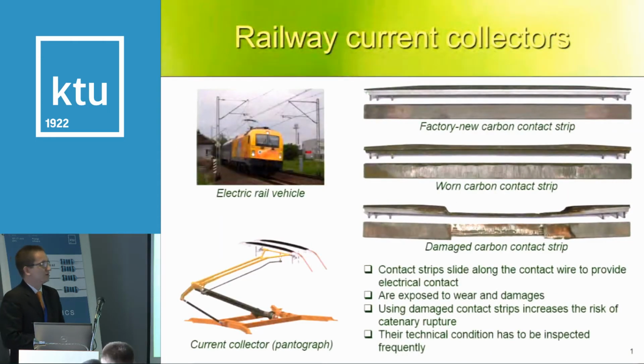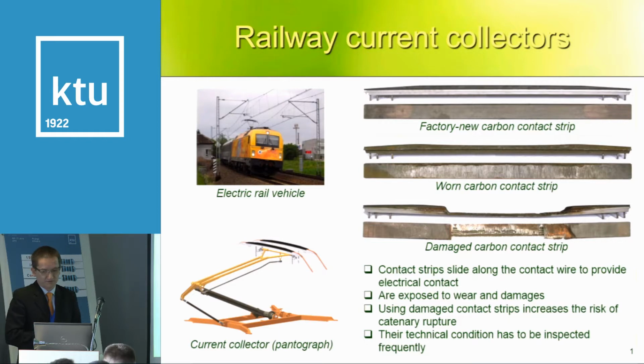The current collector is a main part of a supplying system which conducts energy to a movable receiver like electric rail vehicles. Commonly, a current collector is fitted with two carbon contact strips which slide along the contact wire to provide electrical contact.